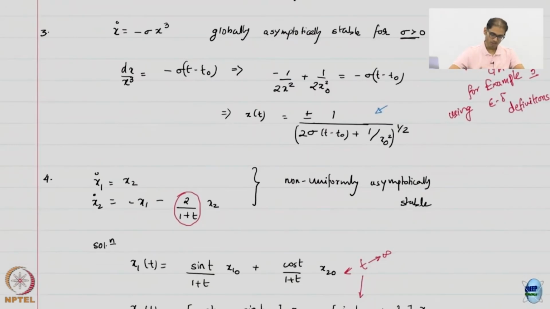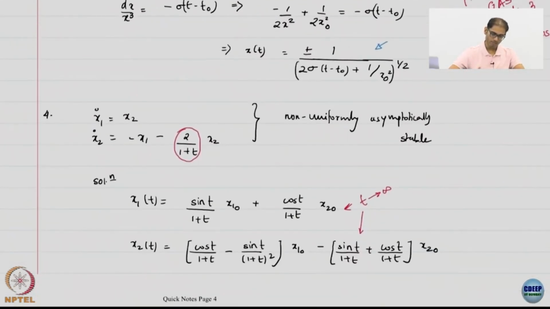So this is, of course, I sort of wanted to give an example of non-uniform asymptotic stability also. So you can have such examples. All I do is introduce a function of time here. If this was 1, just think about it, this is just a linear damped oscillator, a spring mass damper.